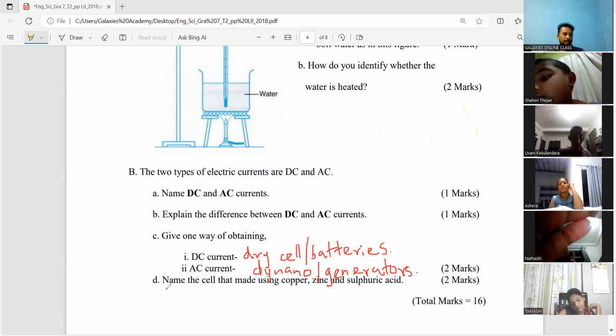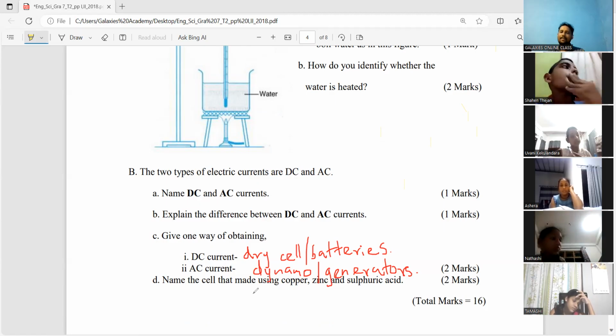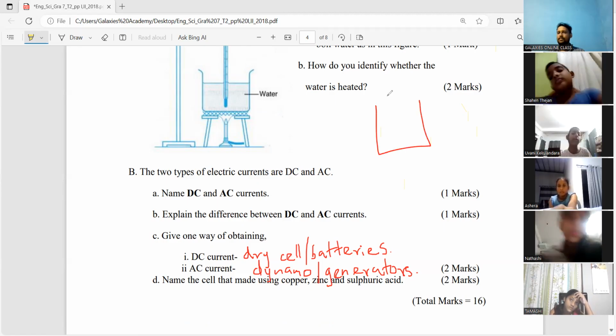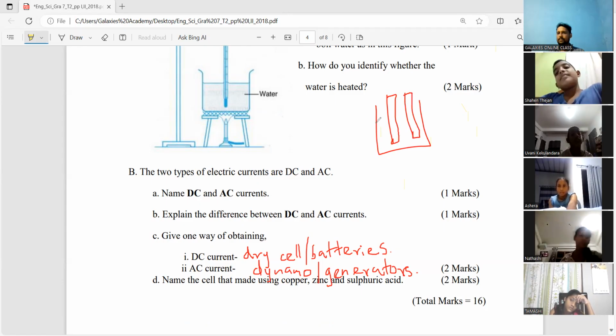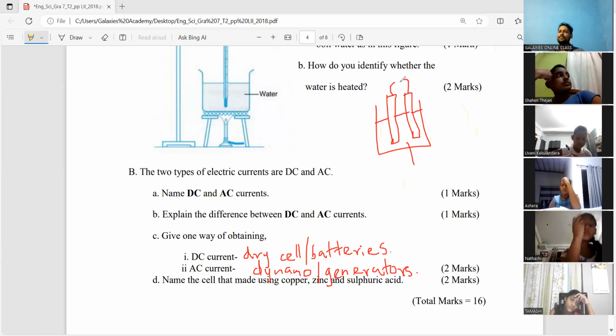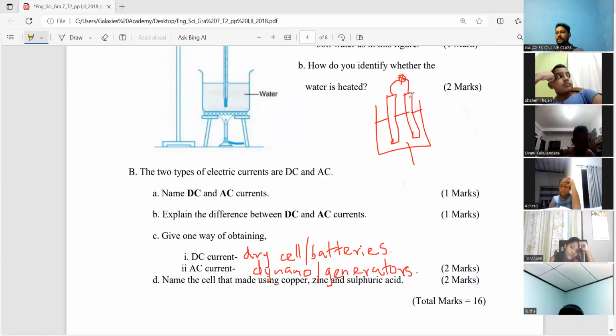Right. Then part D, the last part of this first question. Name the cell that is made using copper, zinc, and sulfuric acid. Do you remember this one? Simple cell. Zinc and copper sheets, zinc in the sulfuric acid. Then we can light up this bulb, no?